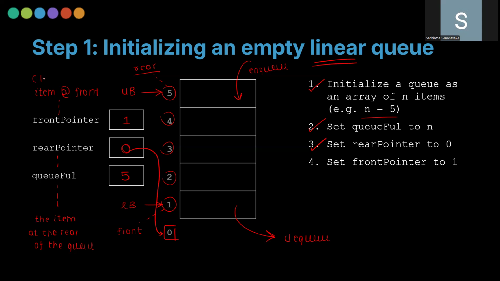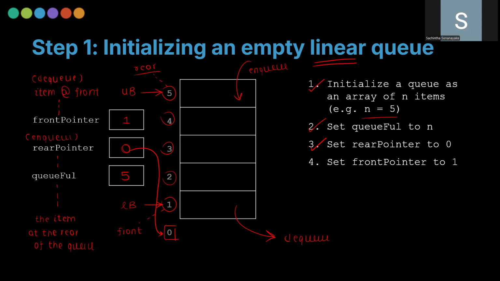So you can imagine that front pointer is the man that's responsible for dequeuing, whereas the rear pointer points to the item at the rear of the queue, or the position where the next item should be added. In other words, rear pointer is where enqueue plays its role. So dequeue points to the item at the front, or the next item to remove.